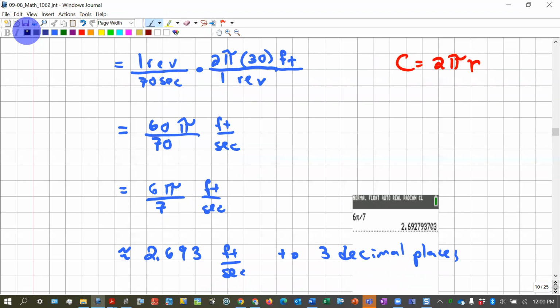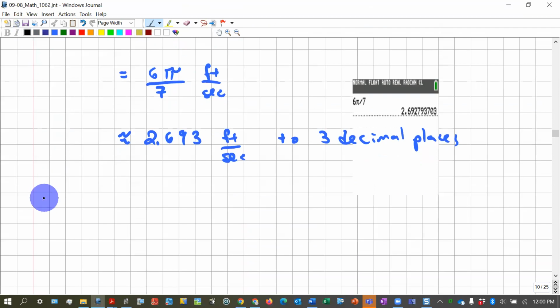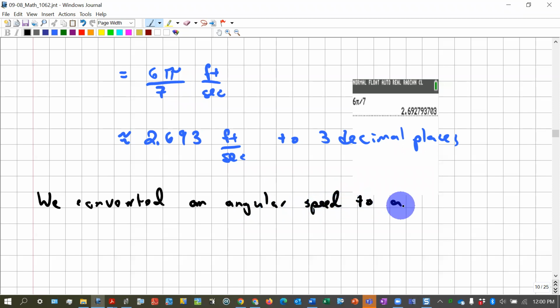So notice that we converted an angular speed to a linear speed.